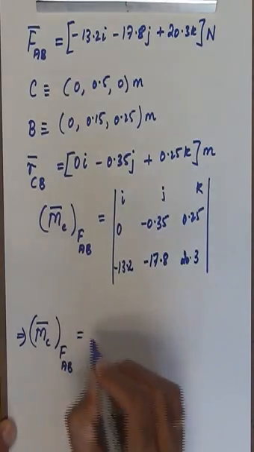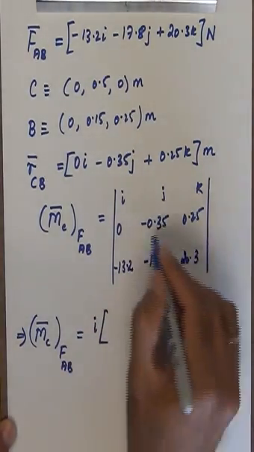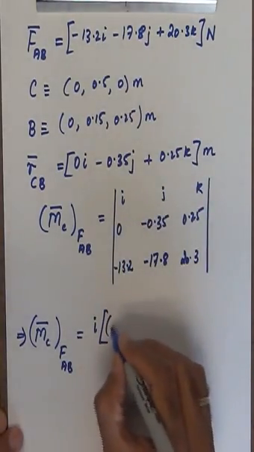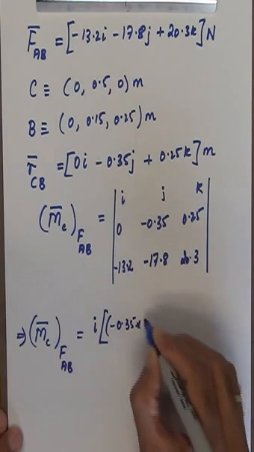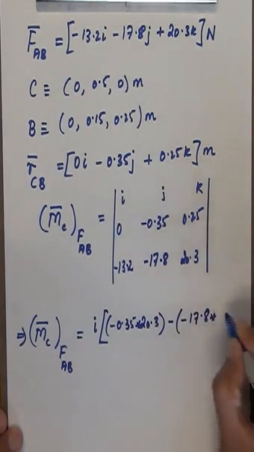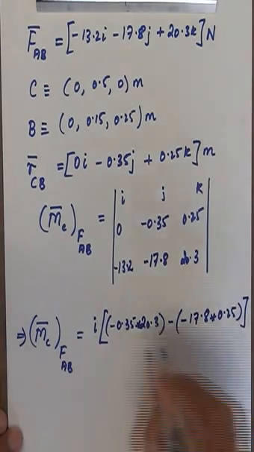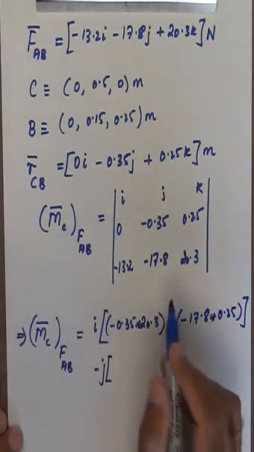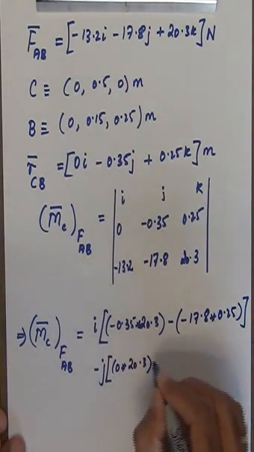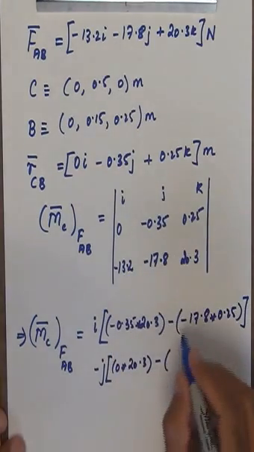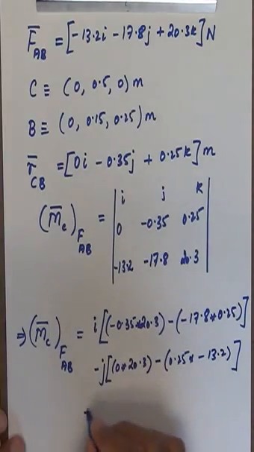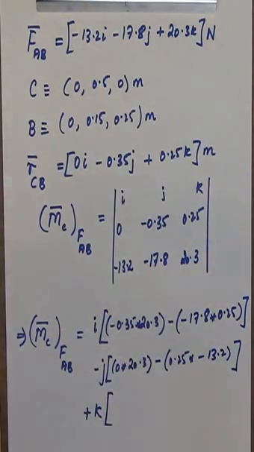Force FAB, this is going to be i times the minor, which is obtained by covering the row and column corresponding to i. So this is going to be minus 0.35 times 20.3 minus 17.8 times 0.25, minus j times a similar such minor, that's going to be 0 times 20.3 minus 13.2 times 0.25, and then I'm going to have something in the k direction as well here.